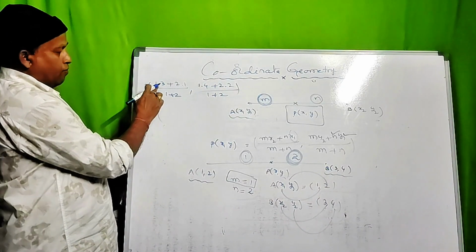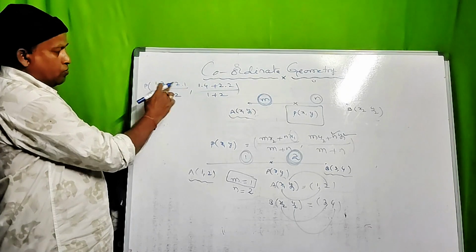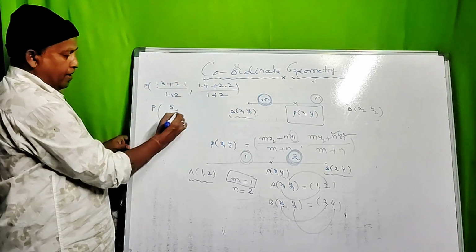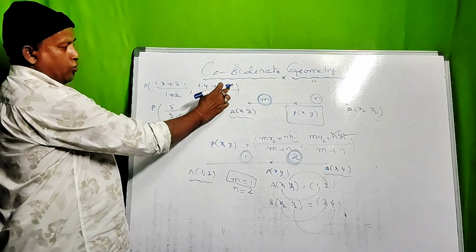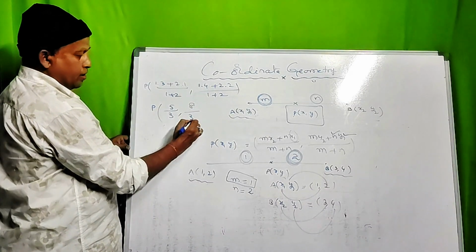That is nothing but 1 into 3 is 3, 2 into 1 is 2, 3 plus 2 is 5, so 5 by 3; 1 into 4 is 4, 2 into 2 is 4, 4 plus 4 is 8, so 8 by 3.